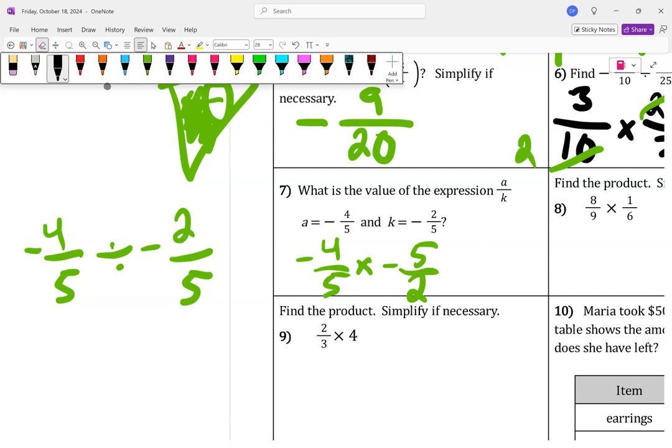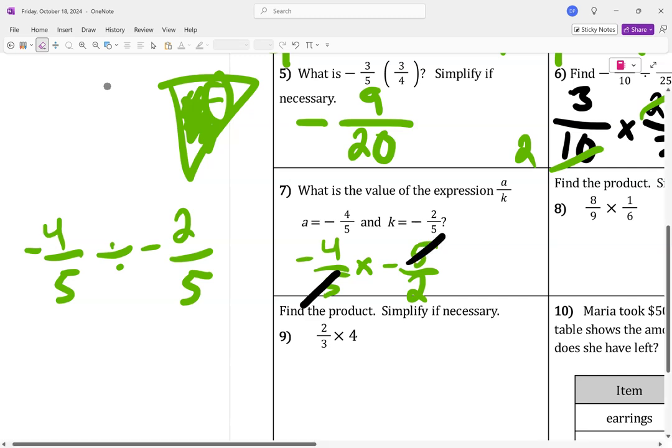What can you divide both of those numbers by? 5. Yeah. So when you see the same number, you divide by that number. How many 5s go in 5? 1. How many 5s go in 5? 1. Okay. Now we're going to do 4 and 2.